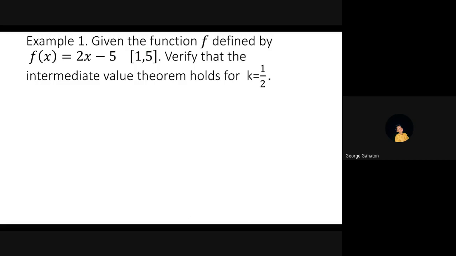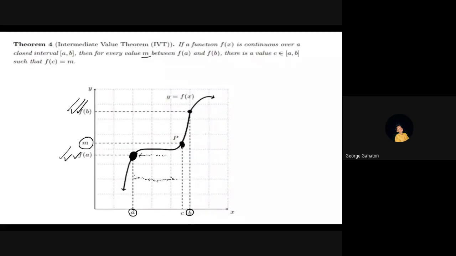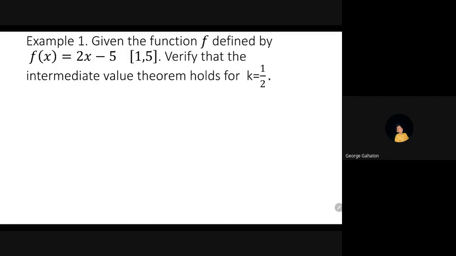So ang sinasabi ng intermediate value theorem, if a function f of x is continuous over a closed interval [a, b], then for every value m between f of a and f of b, there is a value of c, read as an element of closed interval [a, b], such that f of c is equal to m.